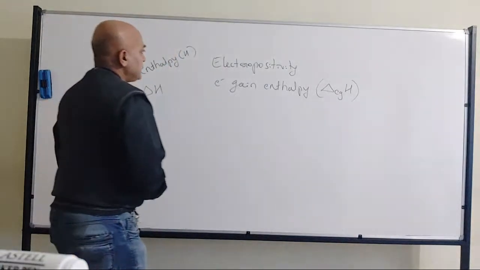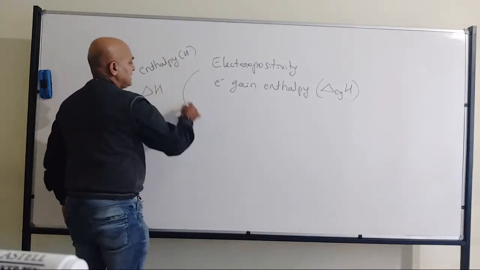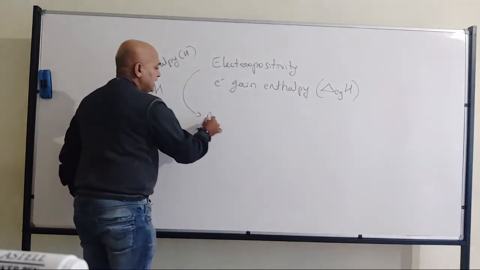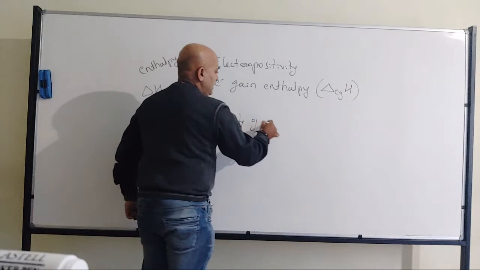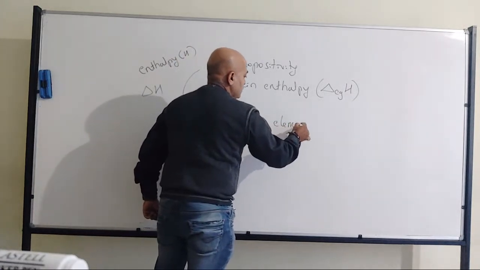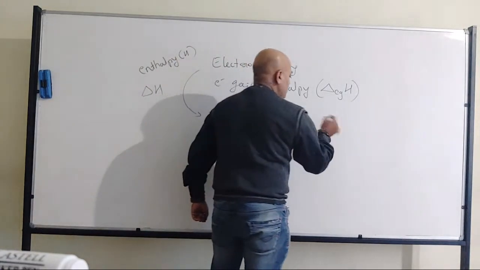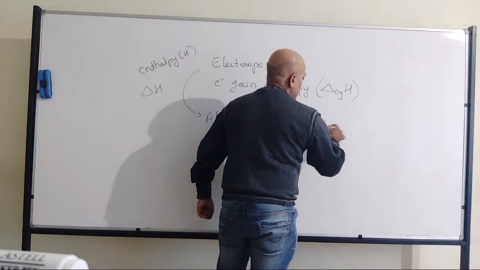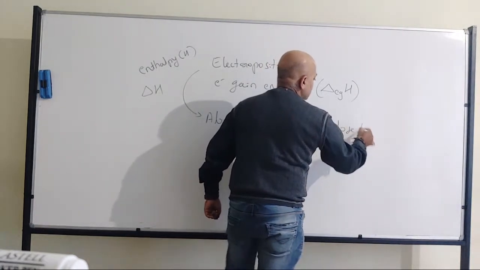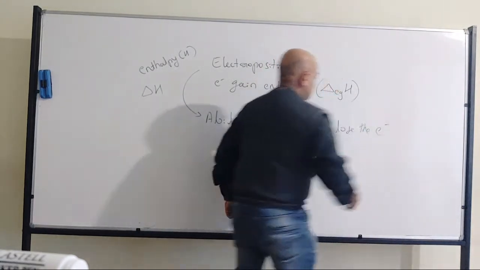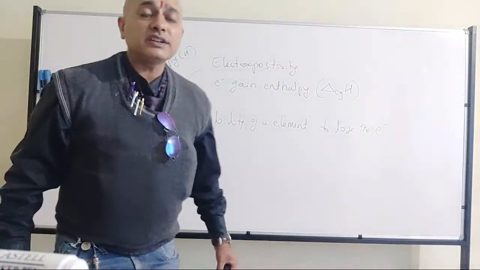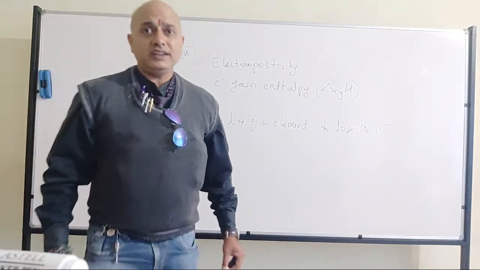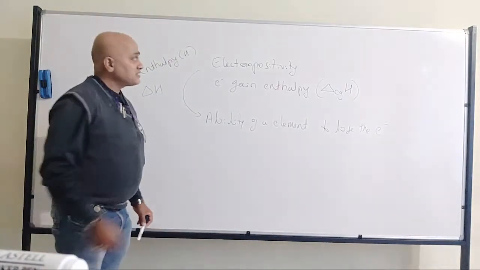So when it comes to electropositivity, it is nothing but the ability of an element to donate the electron or to lose the electron. So that is nothing but electropositivity, opposite to electronegativity.